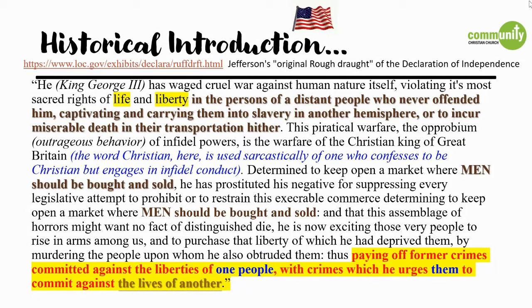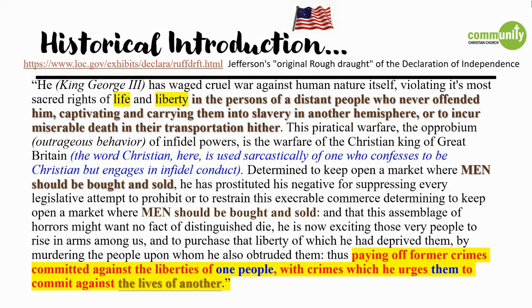upon whom he also obtruded them, thus, listen carefully, paying off former crimes committed against the liberties of one people, notice in blue, that's talking about the colonists, with crimes which he, King George, urges them, the colonists, to now commit against the lives of others, the African people who were kidnapped and brought into slavery.